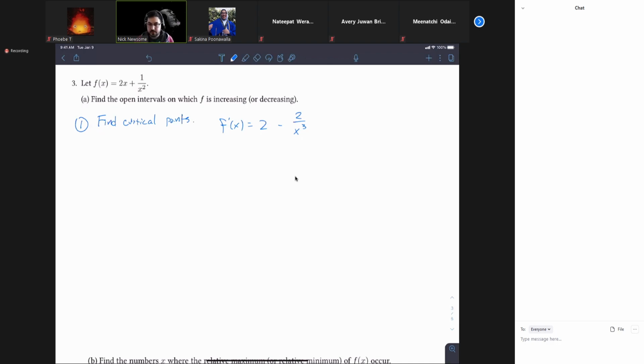I said before, taking derivatives should become second nature, so I'm not going to spend a whole lot of time showing where derivatives come from. All right, this is just x to the minus 2, and then it's the power rule. Okay, so set this thing equal to 0.